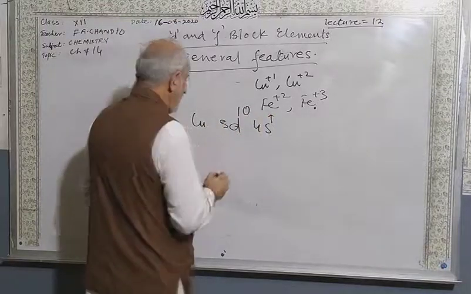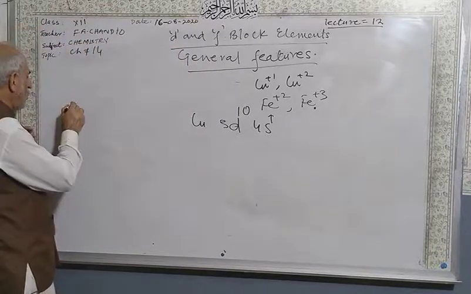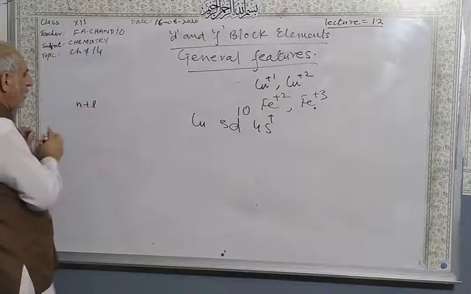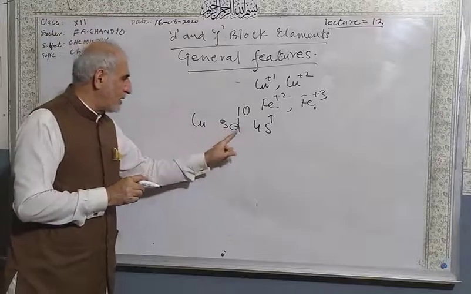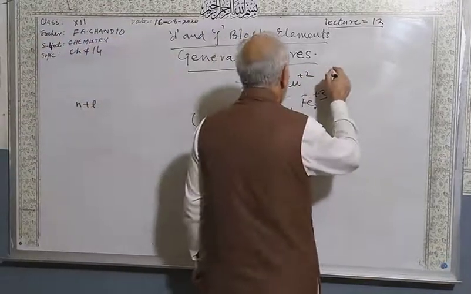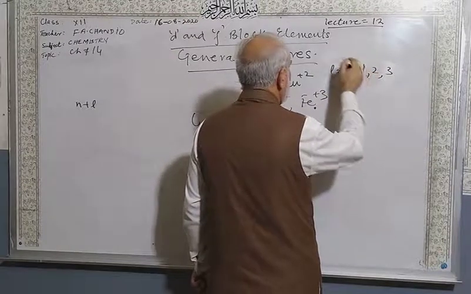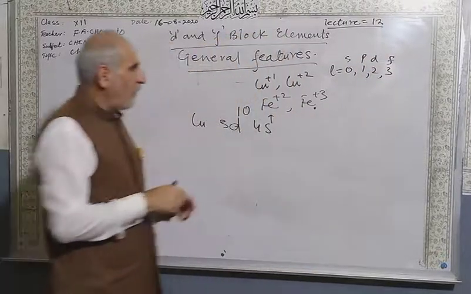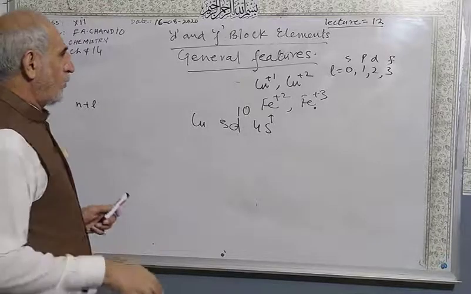Actually, if you apply the n plus l rule, 3 is n, 4 is n, and this is l. You did this in grade 11: the value of l is 0, 1, 2, and 3, which are s, p, d, and f. The value of l, 0 means s, 1 for p, 2 for d, and 3 for f.